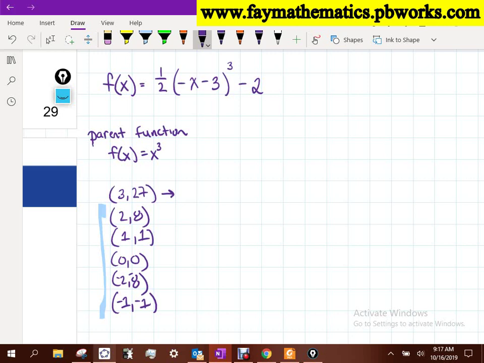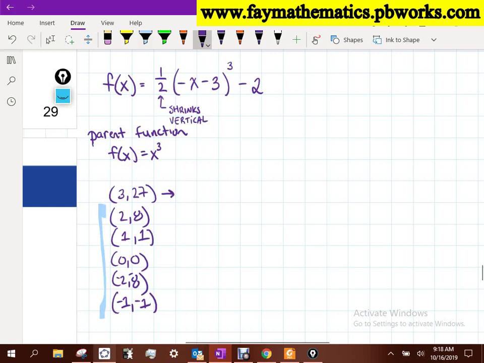You need to tell me what this 1/2 does. It shrinks. Which direction? Is it horizontal or is it vertical? Vertical. Good. It shrinks it vertically.